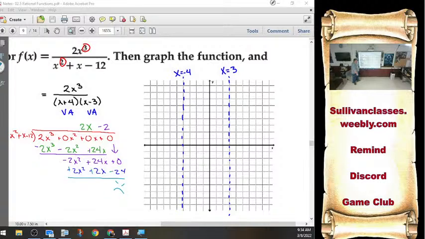Okay? So I'm going to have an oblique asymptote at 2x minus 2. If I remember right, that's going to be way down here. I'm going to have a portion of my graph way down in the corner. Just to save us the headache, I'm going to go by 2s so we can actually fit everything.